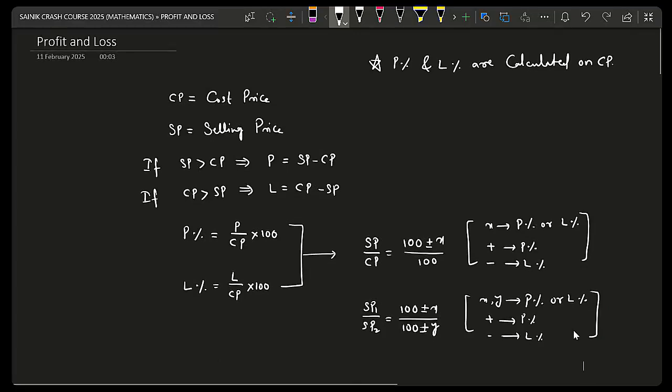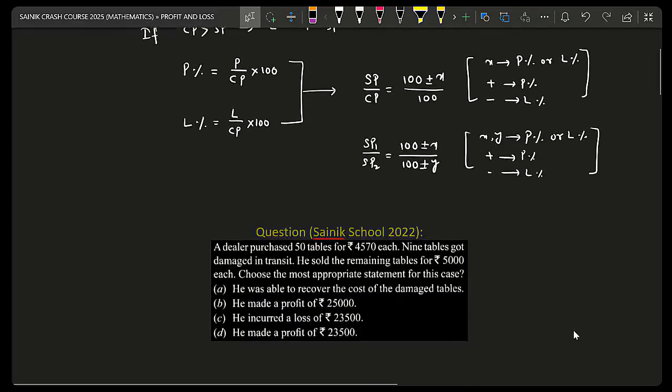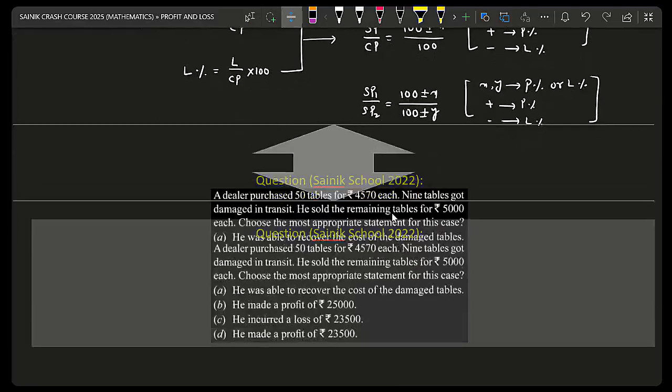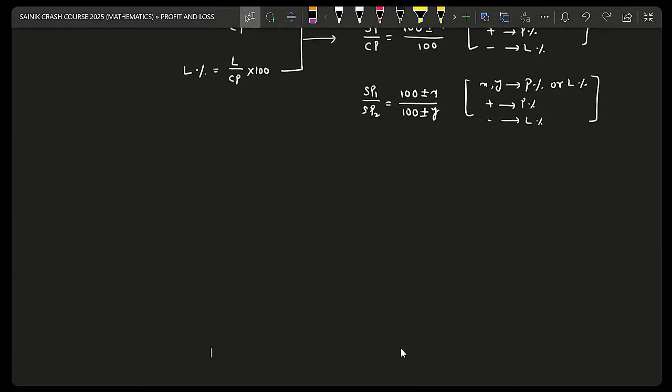Now let us discuss something about discount. Discount is used by most businessmen to attract customers. They have an article which has a market price. What is market price? MP means market price. The price is marked on the article.